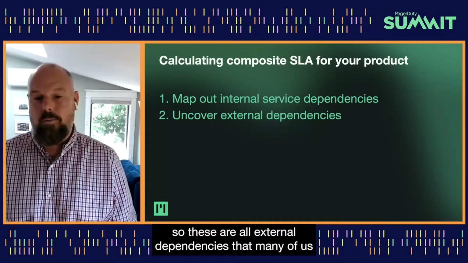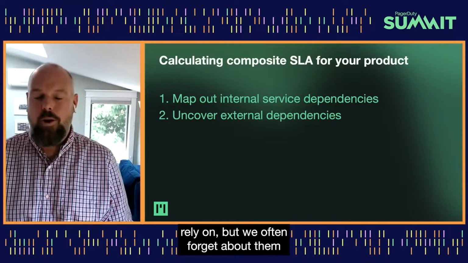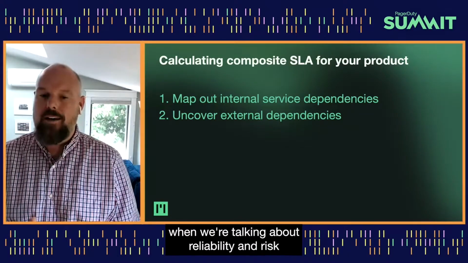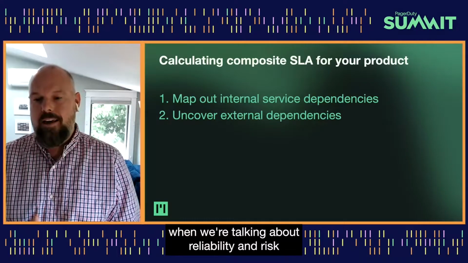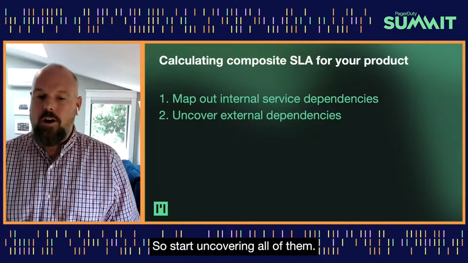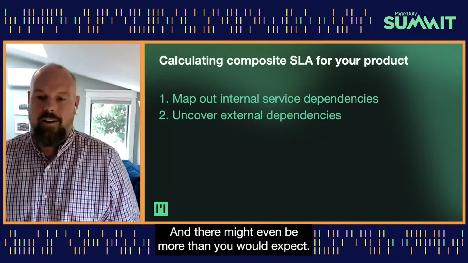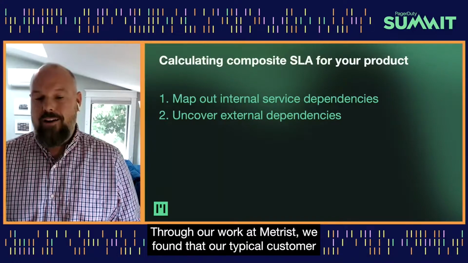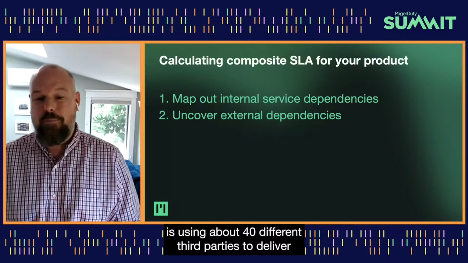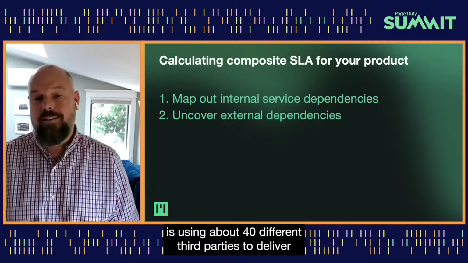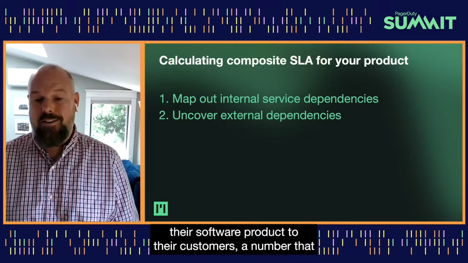These are all external dependencies that many of us rely on, but we often forget about them when we're talking about reliability and risk to our systems. So start uncovering all of them. And there might even be more than you would expect. Through our work at Metrist, we found that our typical customer is using about 40 different third parties to deliver their software product to their customers.